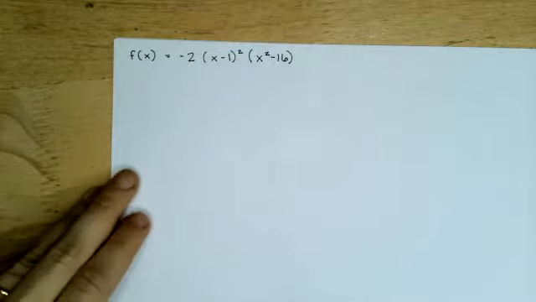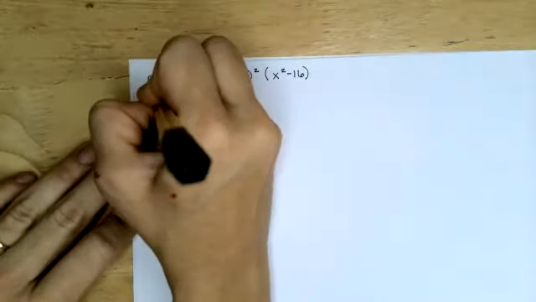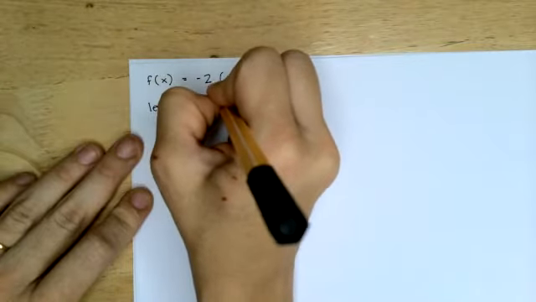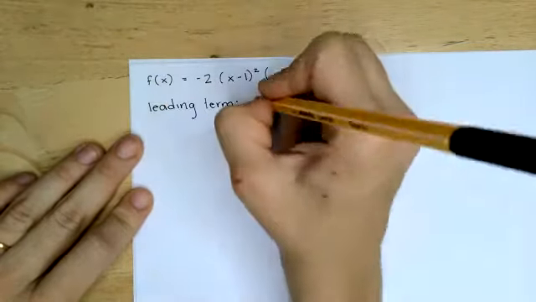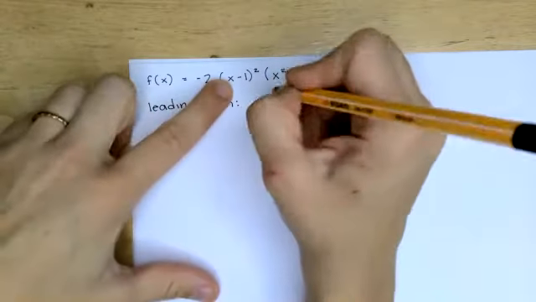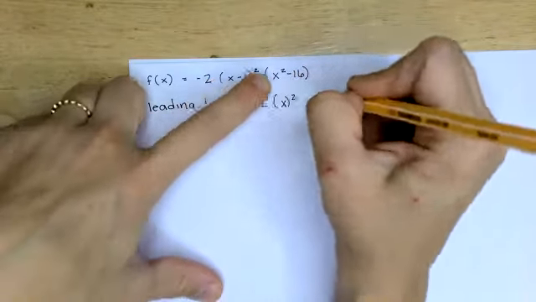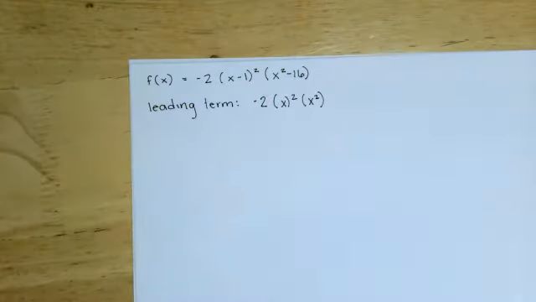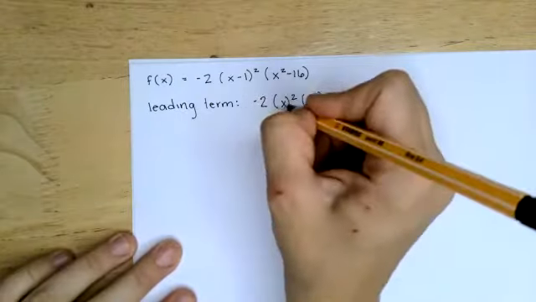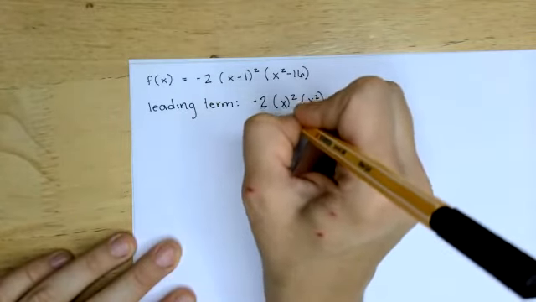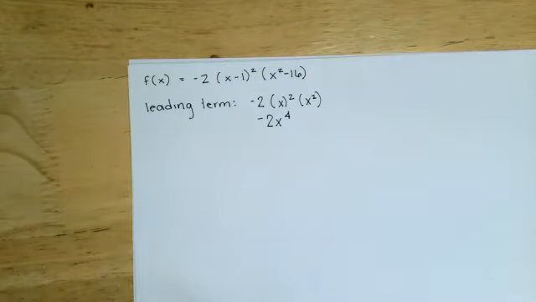All right, our leading term. We want to multiply the -2 times this x squared times this x squared. Good. -2 times x squared is just a -2x to the 4th, right?